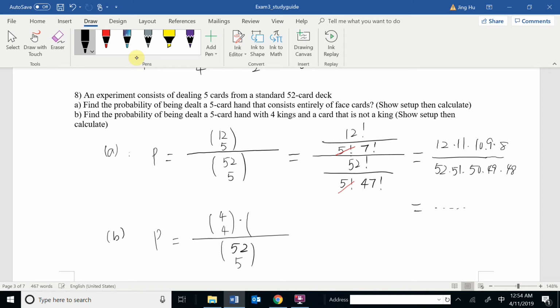So remaining is 52 minus 4, which is 48 cards. Get 1 card. So here is 4 choose 4 is 1, 48 choose 1 is 48. And the denominator is 52 factorial over 5 factorial times 47 factorial.